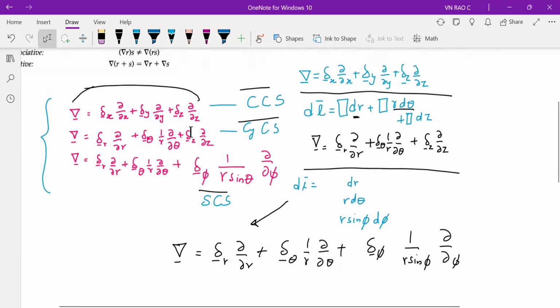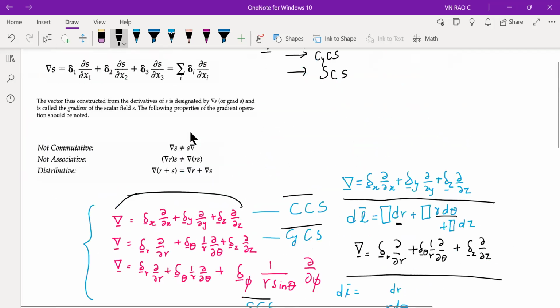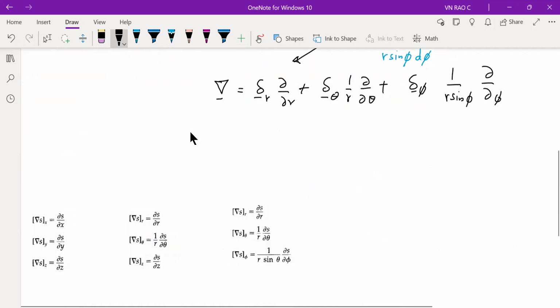So overall, what we have seen as of now is the del operator in three coordinate systems. Now comes del acting on a function.